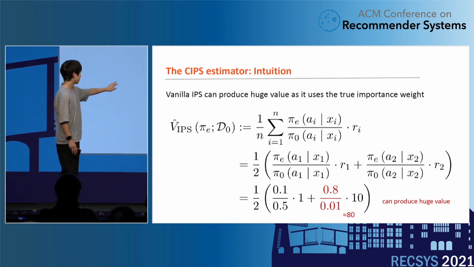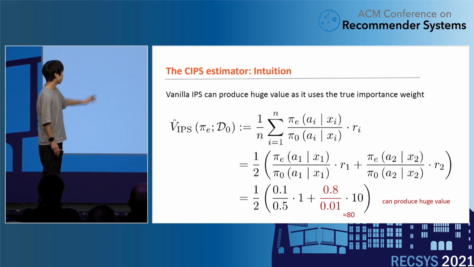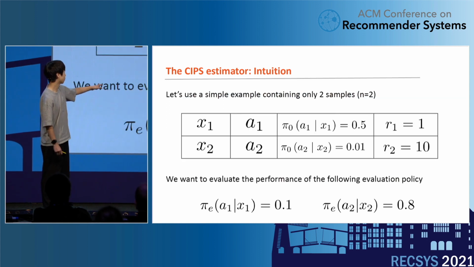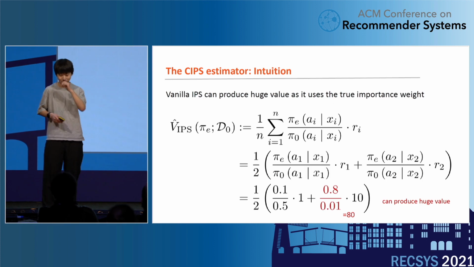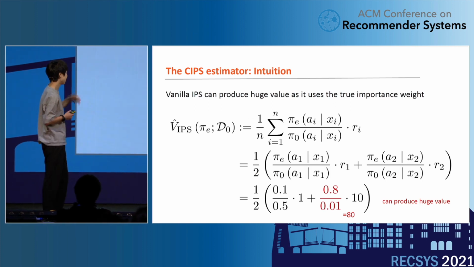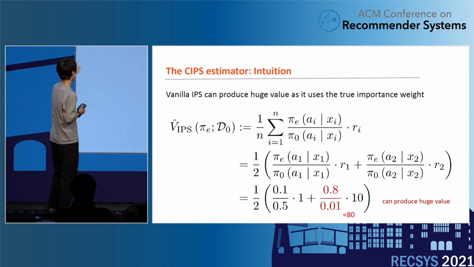The problem here is the red part, where we have an importance weight of 0.8 over 0.01. This is just from the numerical toy example. This is the source of high variance, right? We could have a very huge value in the importance weight. That's the variance problem with the IPS estimator.